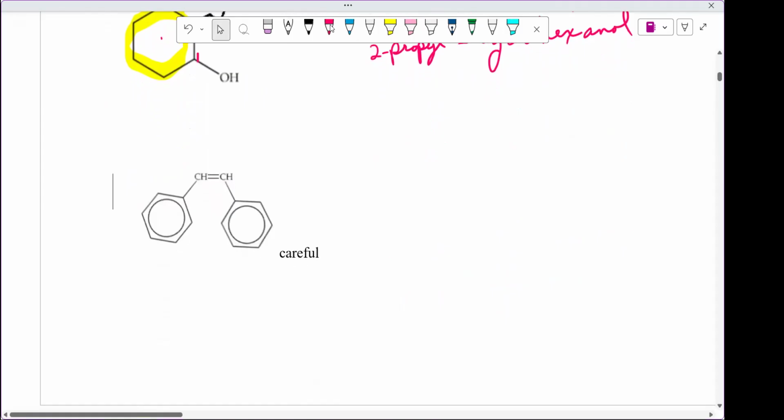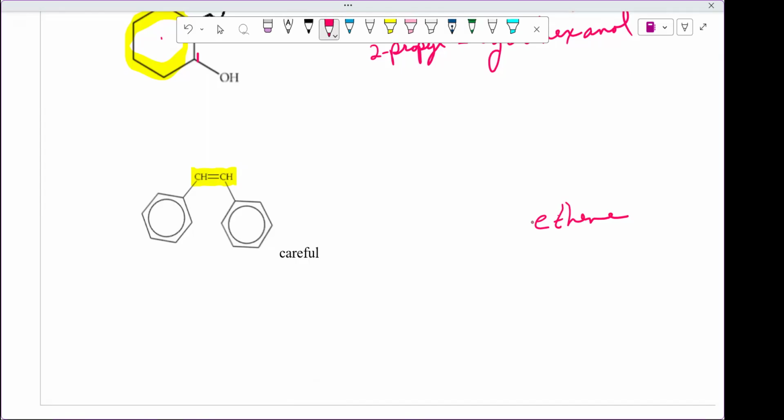Okay, now this one is a little tricky. The backbone is going to be this 2-carbon alkene. So that's ethene. And we have 2 branches.